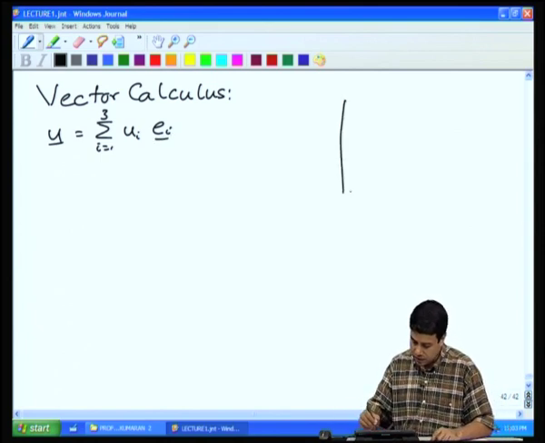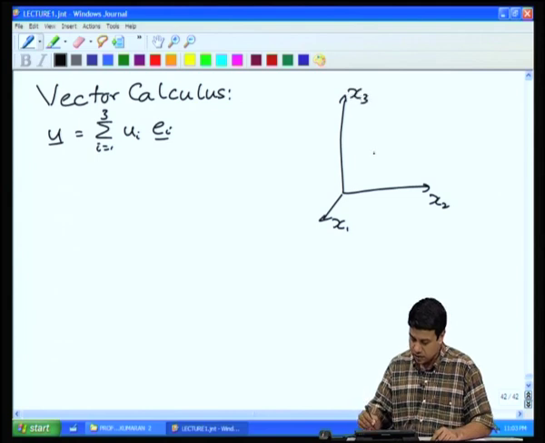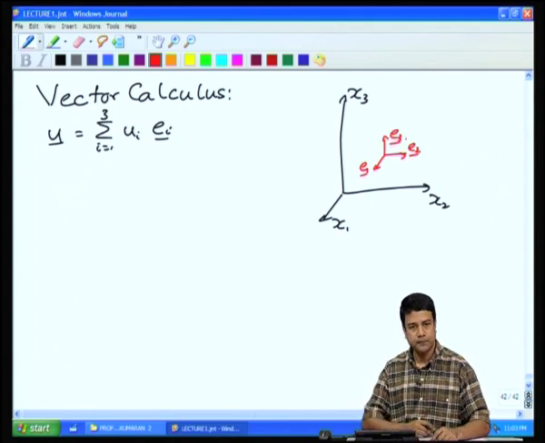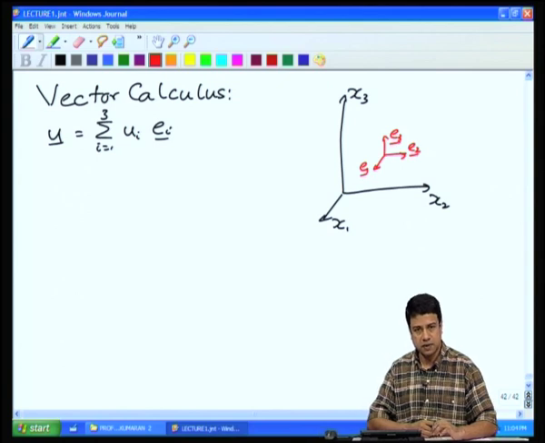If you recall, we are using a Cartesian coordinate system in which the 3 coordinates are x1, x2, x3, and we have unit vectors e1, e2, e3.